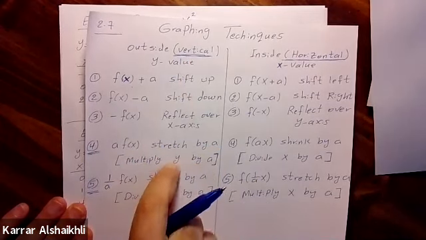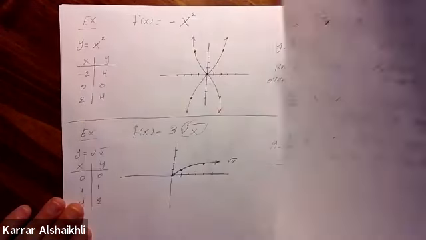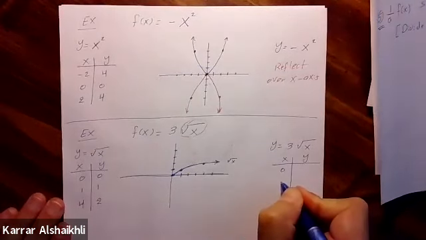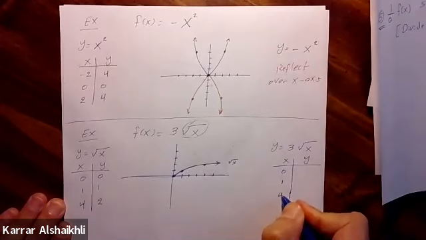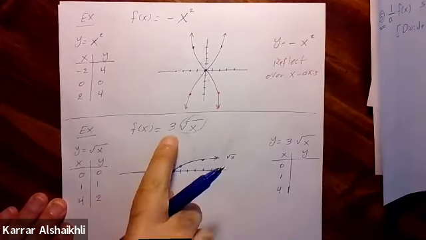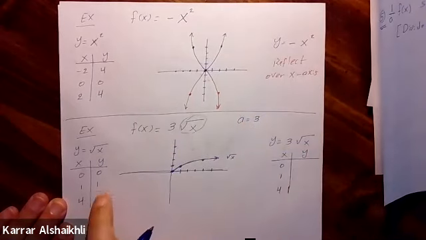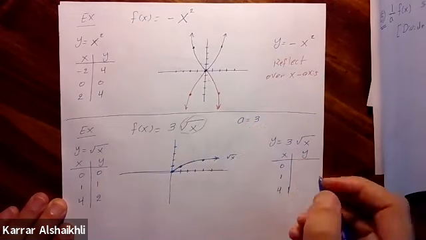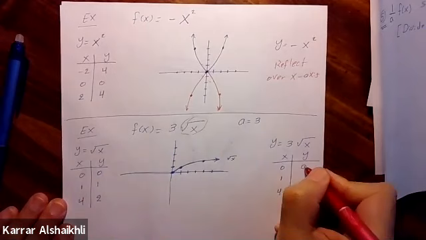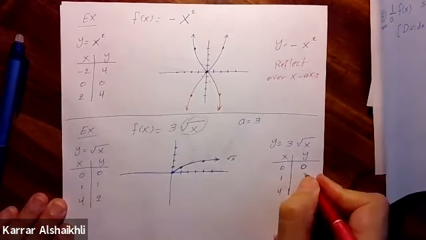We're going to multiply the y coordinate of the parent function by a. So that means the x is going to be exactly the same. We're going to multiply the y coordinate by a, which in this example equals 3. So 0 times 3 is going to be 0, because I need to get the new point. 1 times 3 is going to be 3.